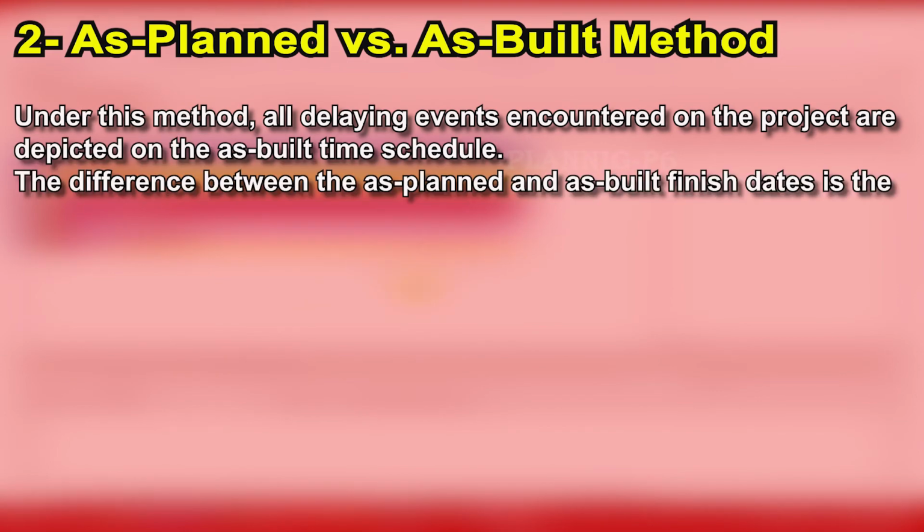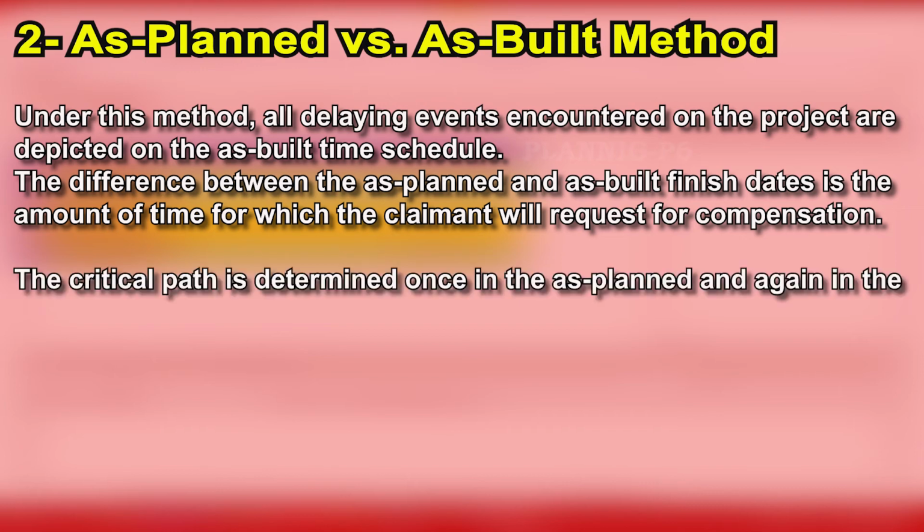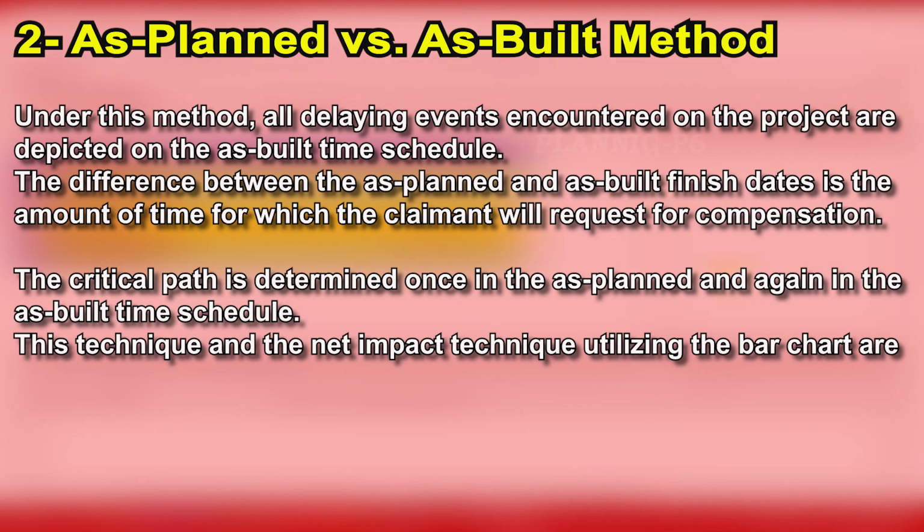The difference between the as-planned and as-built finish dates is the amount of time for which the claimant will request compensation. The critical path is determined once in the as planned and again in the as built time schedule. This technique and the net impact technique utilizing the bar chart are similar in that they all show the net effect of all claimed delays.